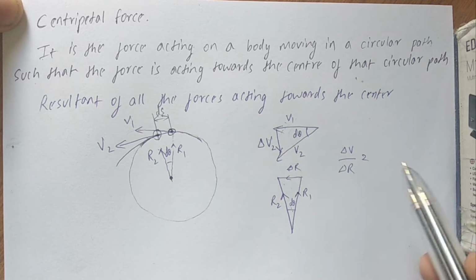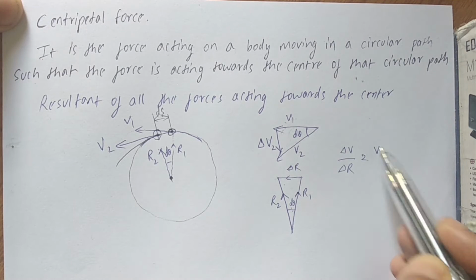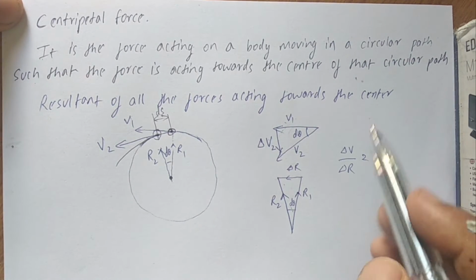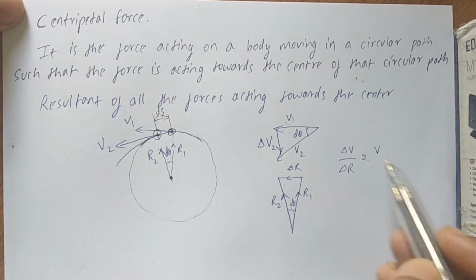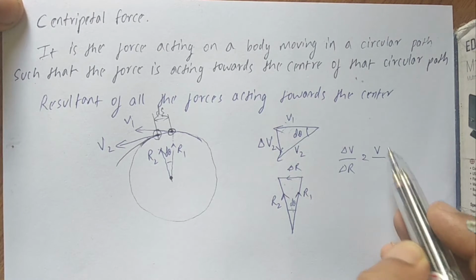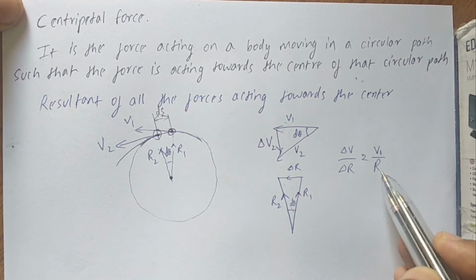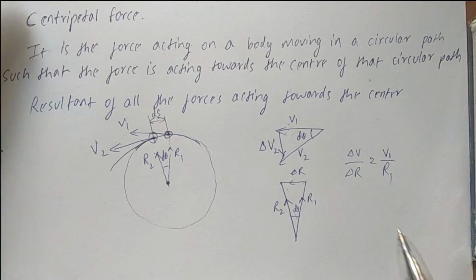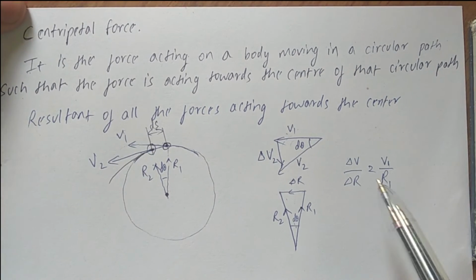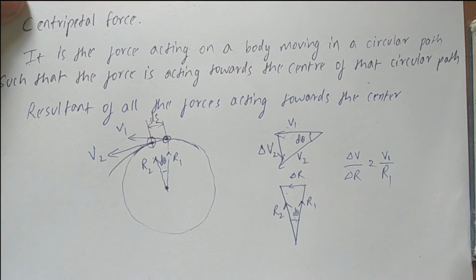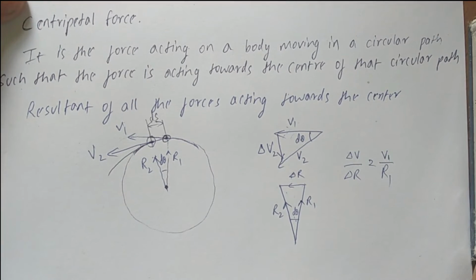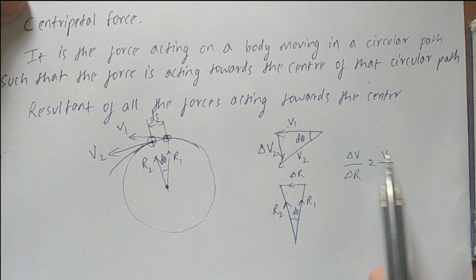And you can take any one after this. That is, if I take this V1 and this is R1, as I said, these quantities I have written here are vector quantities.